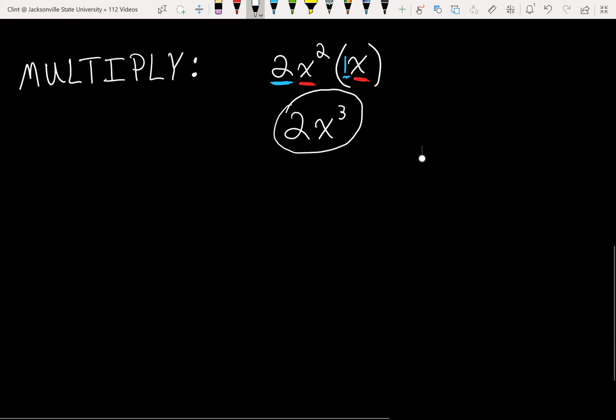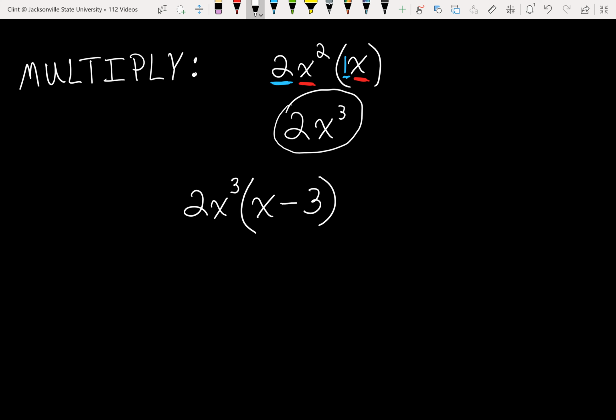Sometimes we do have algebraic expressions with more than one term we want to multiply. So maybe we have 2x to the third times, add a parenthesis there for multiplication, x minus 3. Alright, so this might ring a bell. This might remind you of something we're going to use here called the distributive property.